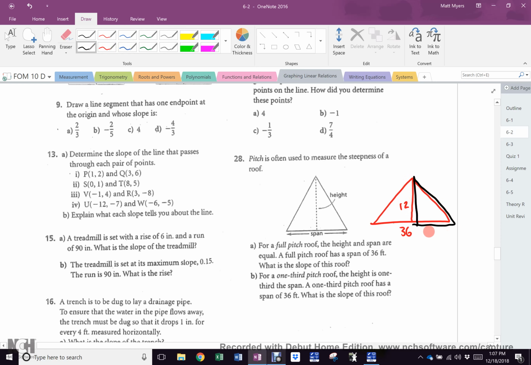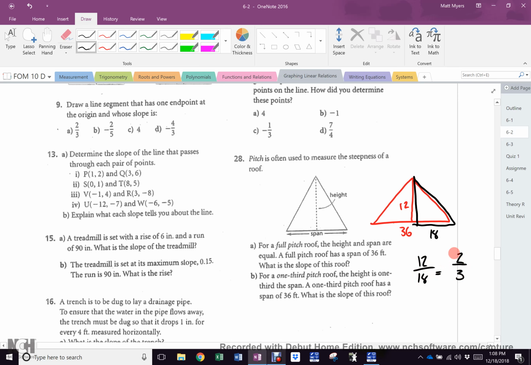What's this? Still 18. What's my rise? 12. What's my run? 18, which is, of course, 2/3. So the slope is 2/3.